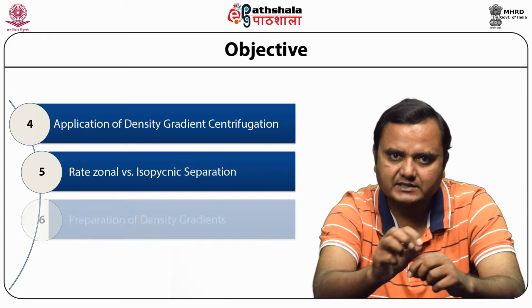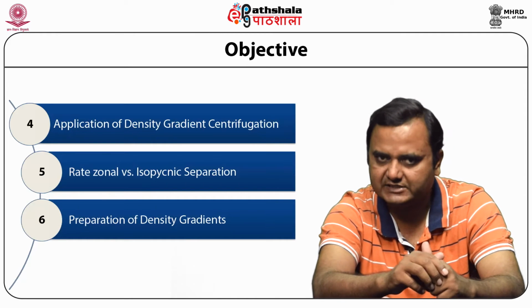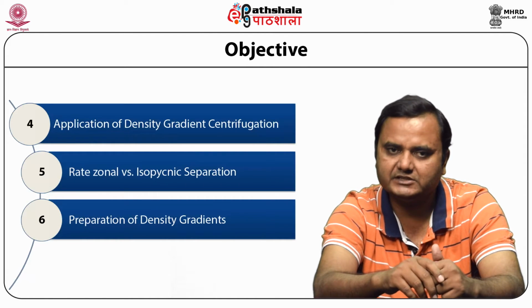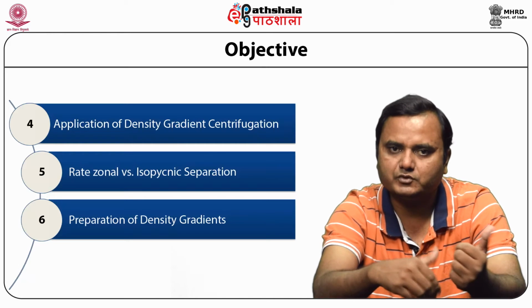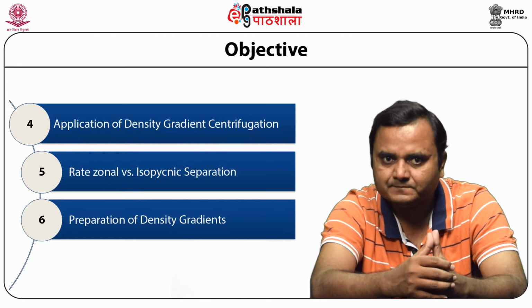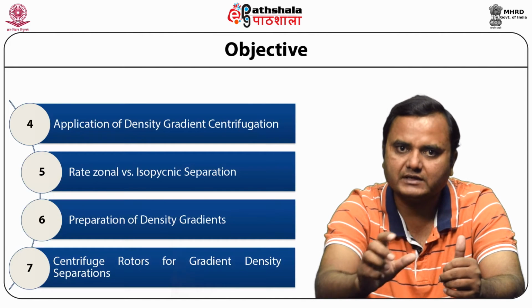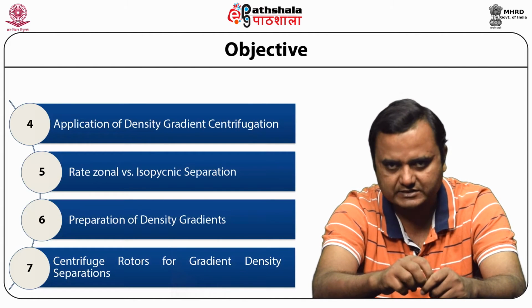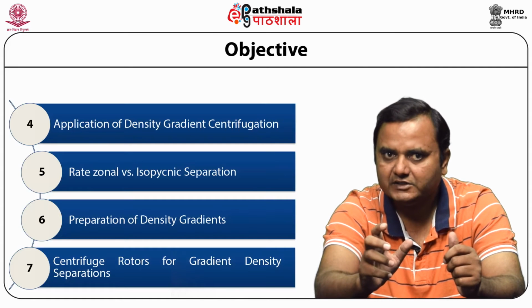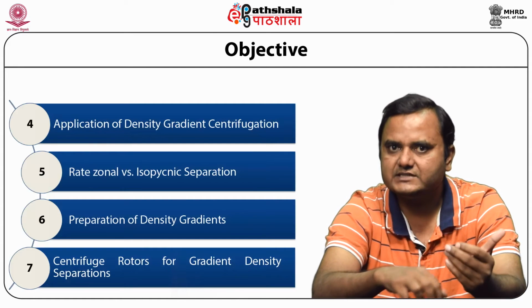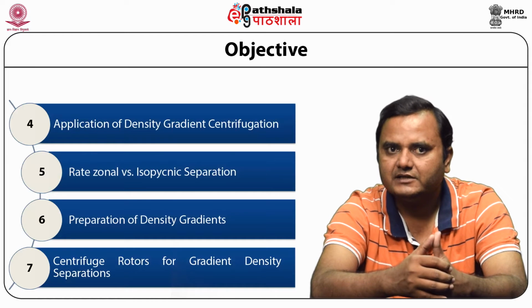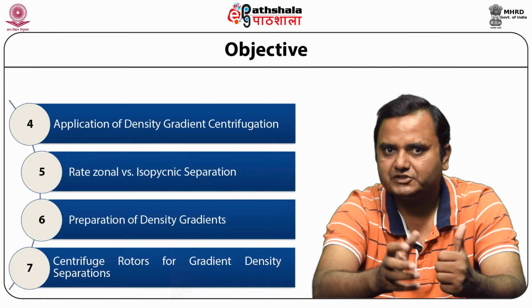Then we'll discuss the method for preparation of density gradients: what are the choices of material, how it will be packed, how to create a proper density gradient. And at the last we will also discuss the different types of rotors that are used for density gradient centrifugation in detail.